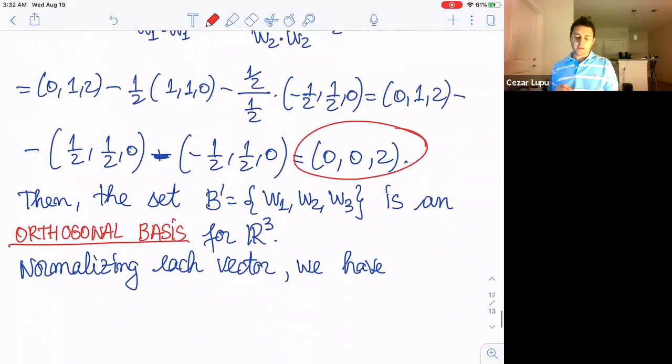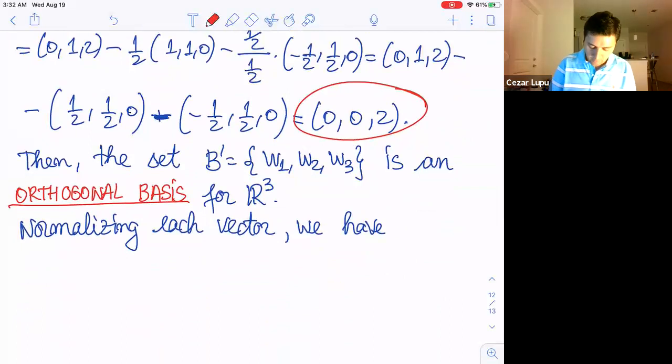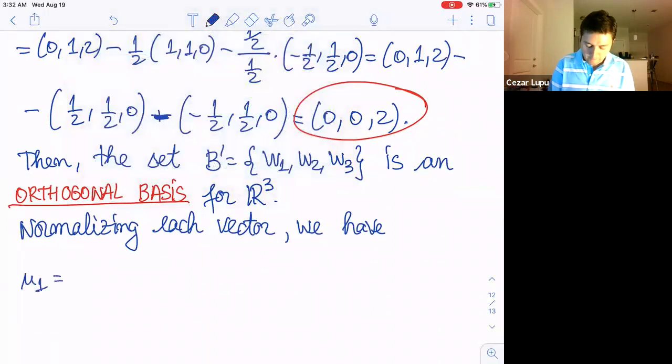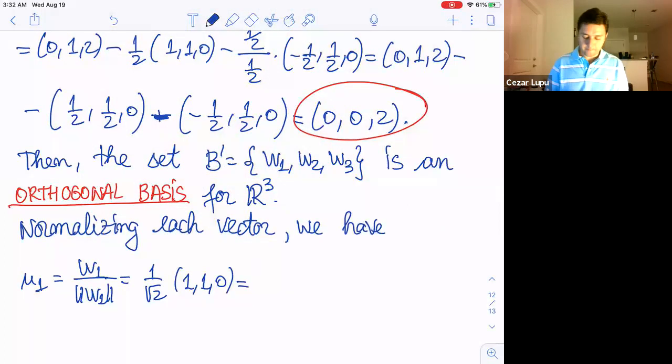So we want to normalize this, and we'll have the following: U1, which will be W1 divided by the length of W1, and this is 1 over square root of 2 times 1, 1, 0, and this will be 1 over square root of 2, 1 over square root of 2, and 0.